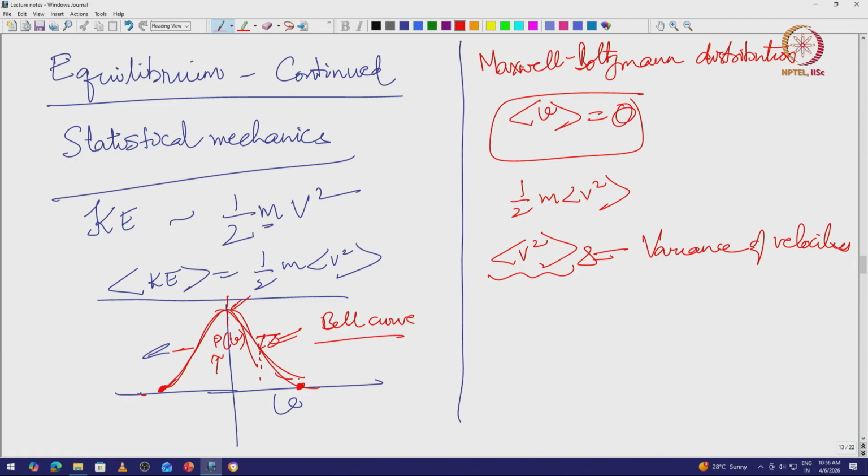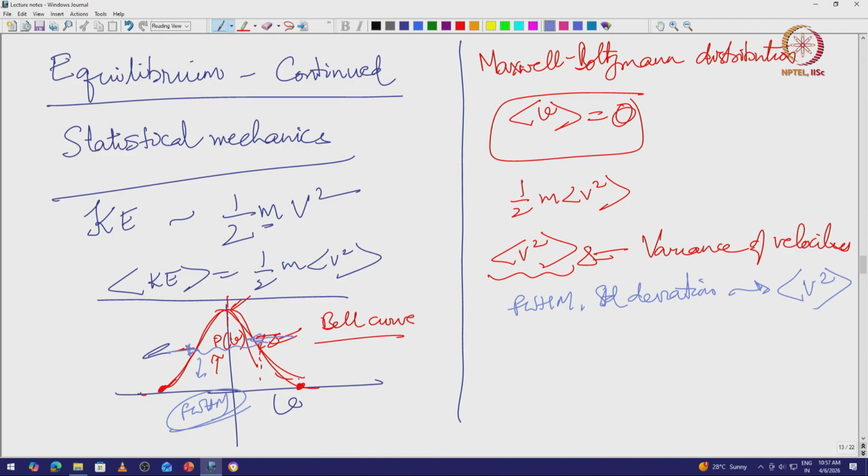The square root of variance is given by the width, the FWHM or the standard deviation of this curve, that is proportional to v square.